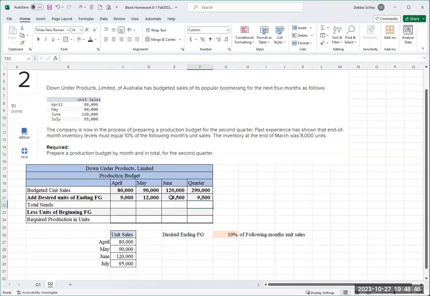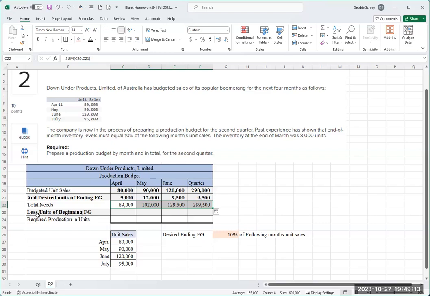So that is going to be the same as June's ending finished goods. Okay, so now total. I think the book actually fills this in for you, but I am going to add those together. And this one I can drag across because I just want to add all of those numbers in each column.